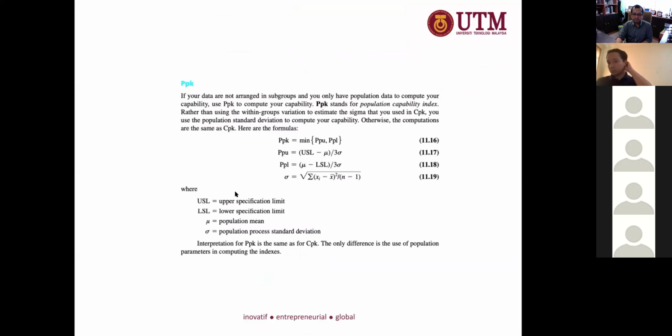And sometimes when we do not have subgroups, if your data is not arranged in subgroups, we can calculate based on the population, PPK. PPK is the process capability for the population. So we can calculate this way, with sigma and upper limit and lower limit as well.